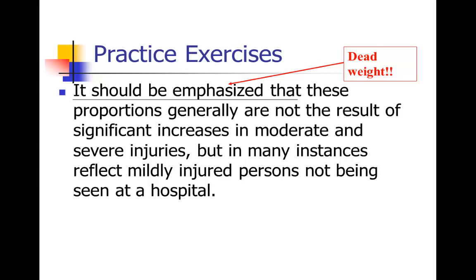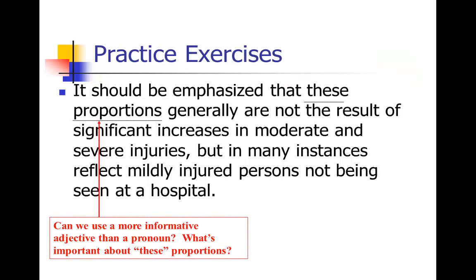Then we move along and we see "these proportions." Obviously the authors here are referring back to something they've been talking about in the previous sentence. But there may be a slightly more specific and more informative adjective we can use there rather than "these."